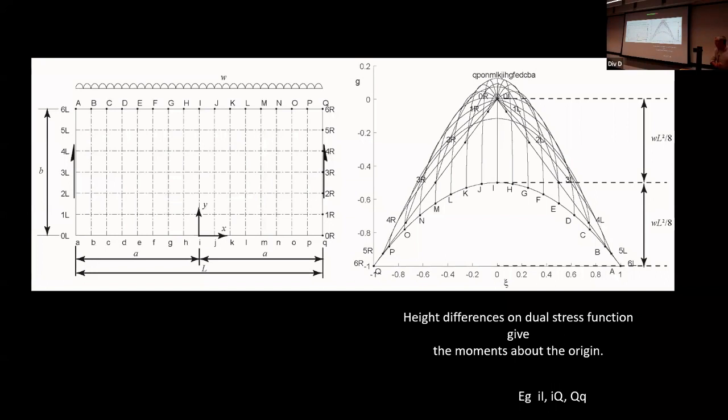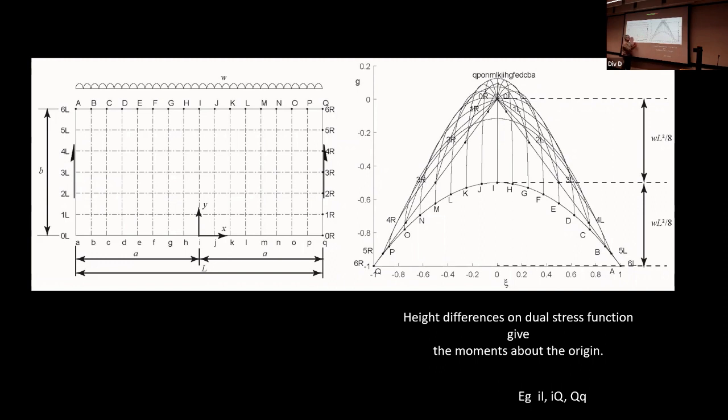So here's an example on the beam. If I pick between I and I, we all know the moment is going to be WL squared on 8. So on here, all the little letters are up there. So I and I, that's going to be WL squared upon 8. And if I now go from I to Q, which is from here to big I to Q, what do we got? We got WL upon 2 times the lever arm of L upon 4.